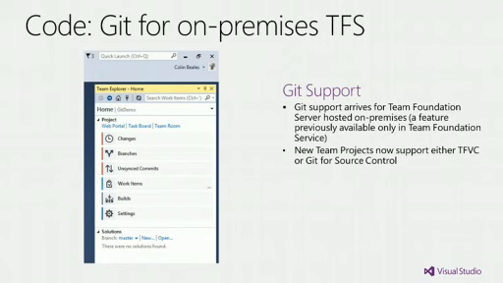This is integrated within the product, within the service, within Team Foundation Server, and of course Team Foundation Service as the cloud-based version of the same server-based tool, which is really nice to enable development teams to choose the version control system that they feel suits their needs best.